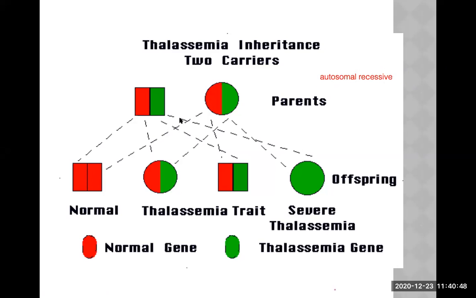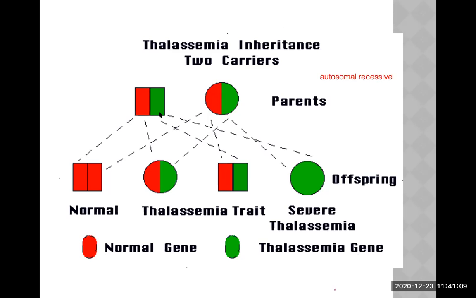Look here very carefully. Parents, father and the mother. Now see, what are the possibilities? What is the affected or abnormal gene and what is the normal gene? Let's find out first. The red one is a normal gene and the green one is a thalassemia gene.